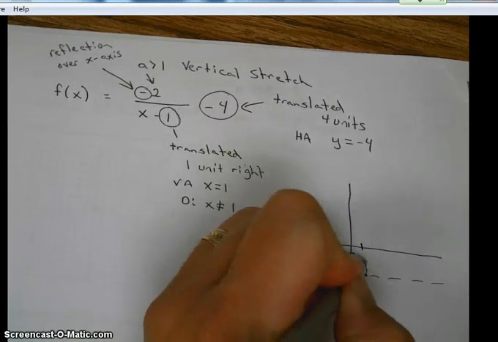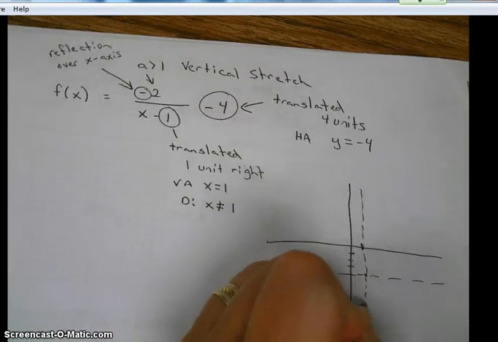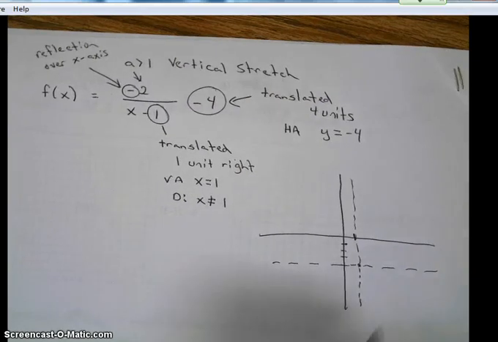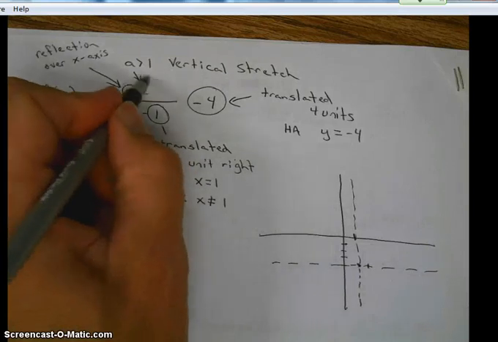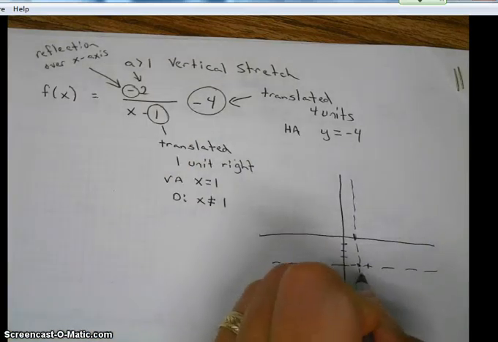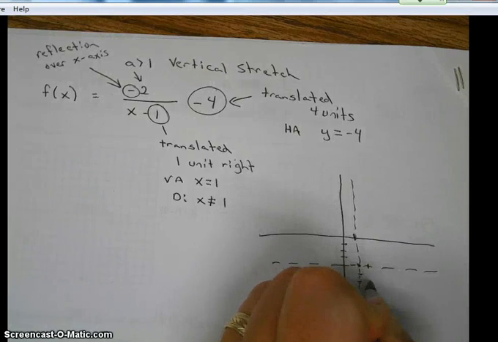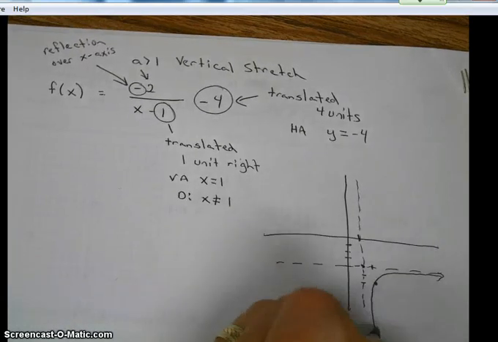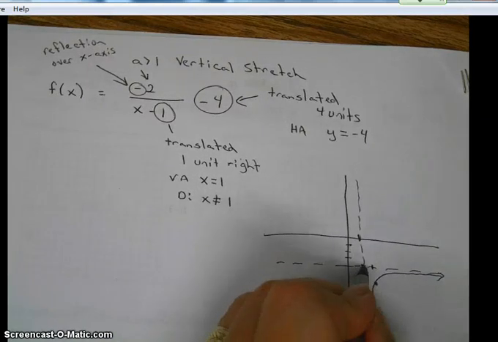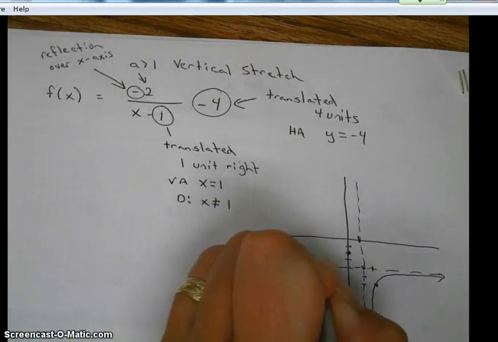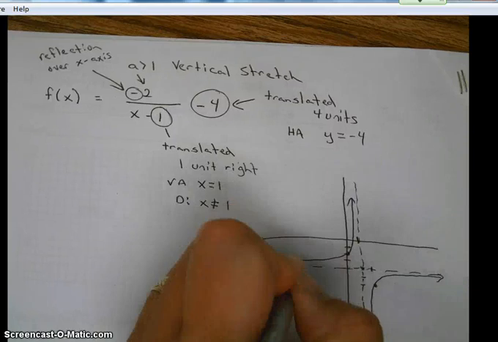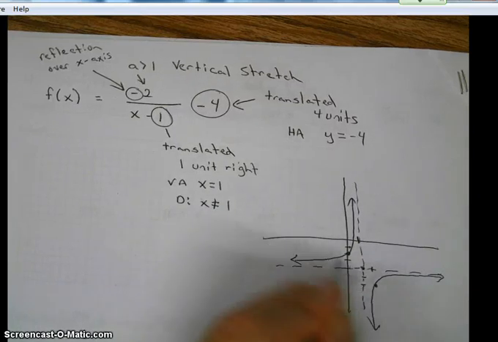So there's our horizontal, there's our vertical, and then to graph it, we go over 1 unit, and then our a value is -2, so we would go down, so over 1, down 2. So notice there's a reflection. Then we would go over the other direction 1 unit and up 2. And that gives us the other part. Notice the graphs are always diagonal from each other.